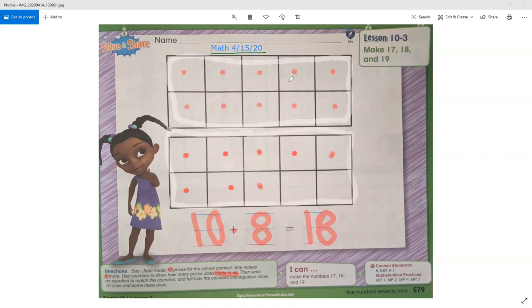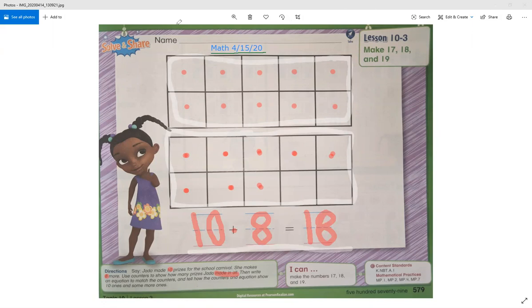So Jada started off with 10 prizes that she made, and she made 8 more. That's how we got 10 plus 8. And they wanted to know how many does she have altogether. She has 18 altogether. So on your paper, you should have your 10 frame drawn out with the dots inside of it, and you should have your equation as well. This whole equation should be written down.